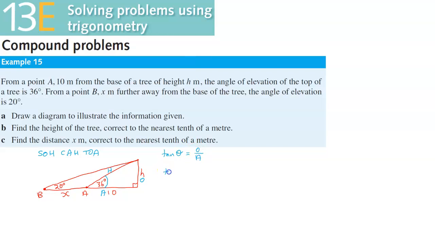We substitute in. And remember to be careful. I've got two h's going on, so I don't want to get them mixed up. This is my lowercase h to mean height. Then here I need to multiply both sides by 10.